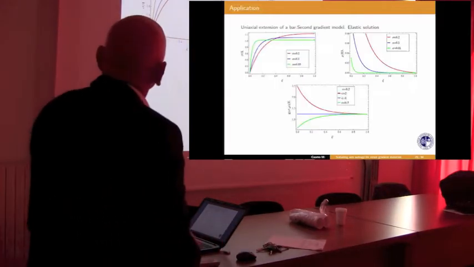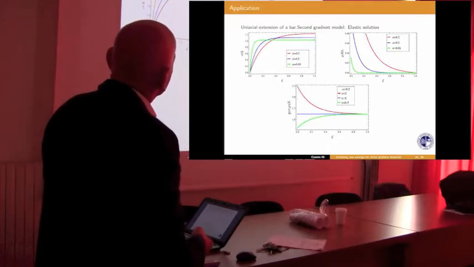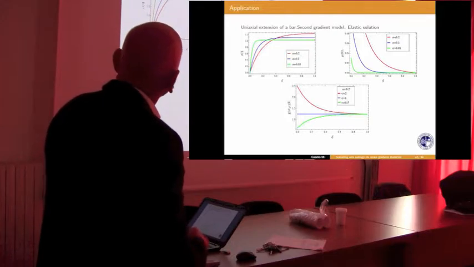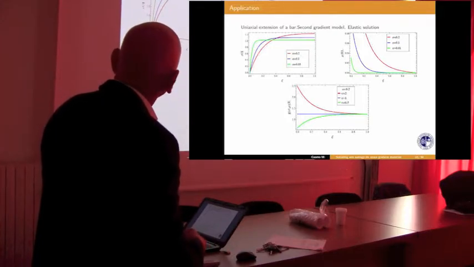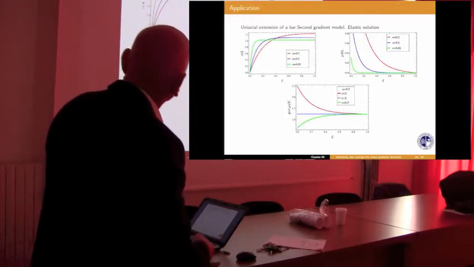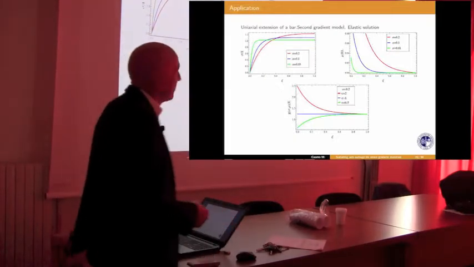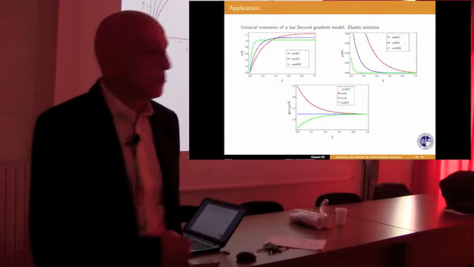If you add the second gradient or strain gradient, the solution is no more homogeneous. This is the stress along the bar as a function of the internal variable. This is the hyperstress, with the yield function I showed before.